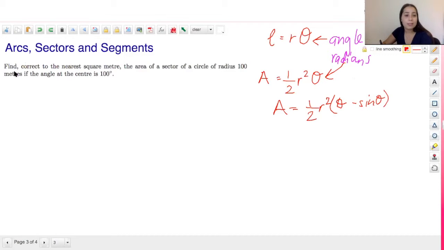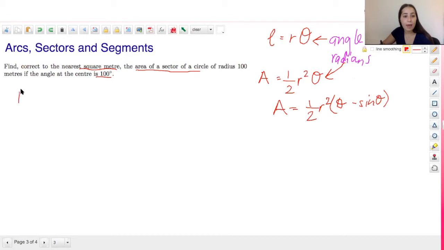So we'll look at the first example. It says, find, correct to the nearest square meter, that's important, the area of a sector of a circle of radius 100 meters if the angle at the center is 100 degrees. So we're finding the area of a sector. That's this formula over here.